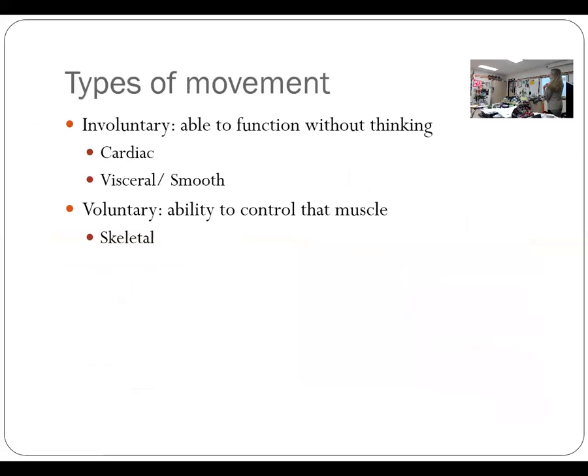Skeletal muscle is voluntary. We choose when we want to do that. We move our arm because our brain decides we want to move our arm. I don't tell my heart when to beat. That would be tragic. I would be dead. I would have forgotten to tell it. So we don't do that. Same thing with smooth muscle. Every time we eat, we don't have to tell our stomach to turn the food and then tell our intestine to move the food. It all happens. It's involuntary.